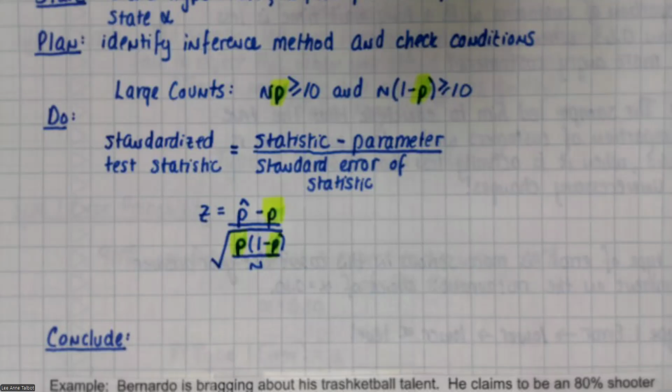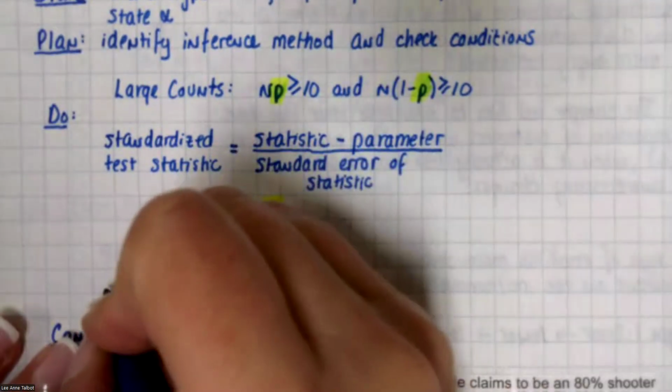And then you're going to use Z in normal CDF to get the p-value.